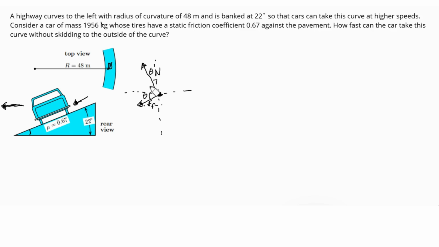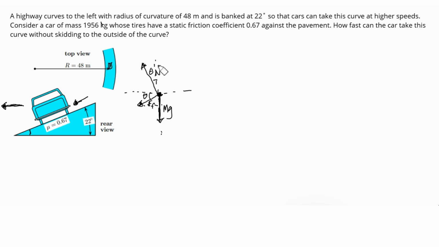And since this thing is rotated by that, it makes this also theta. So if I were to look at the forces, and then finally I have the force of gravity, mg, acting down here. Now, as far as this plane is concerned, the sum of the forces has to be zero in the y direction because the car is not moving in the y direction at all.